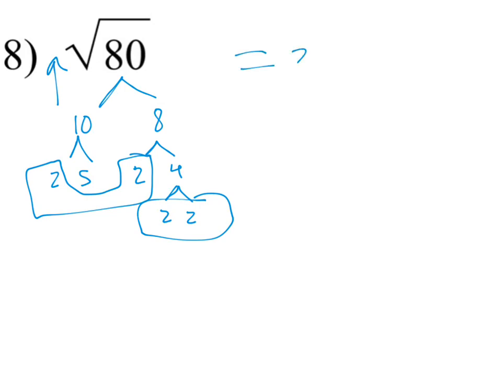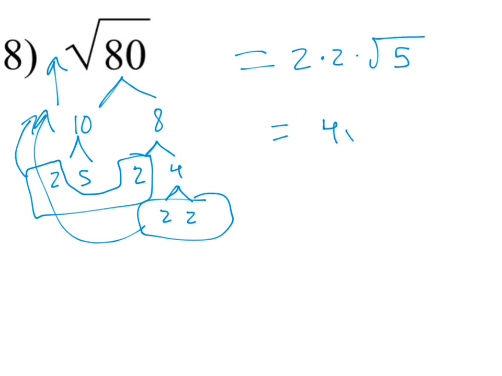So we got one pair of 2 going out, second pair of 2 going out. And then in front there, 2 times 2 is just 4. So it's 4 and then root 5. Voila, we have simplified our radical.